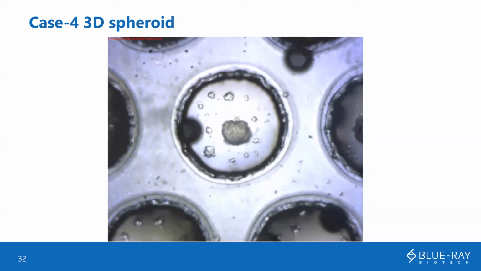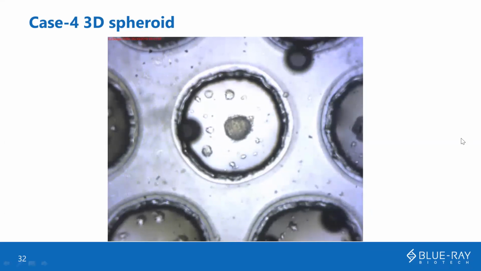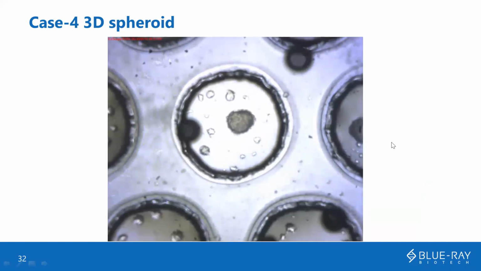So this is a very good example. When you need a live cell imaging system, you can capture images every maybe 30 minutes, 1 hour, and you can convert it into a video.